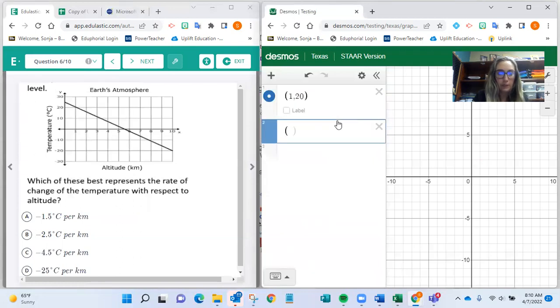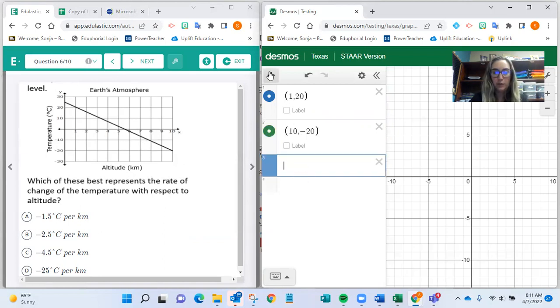And I'm going to use the ordered pair when x is, let's say, 10, y is negative 20. Those are the two ordered pairs. It's this point right here and right here. I can use any two ordered pairs, and these may even be approximate, but it should get me close enough.